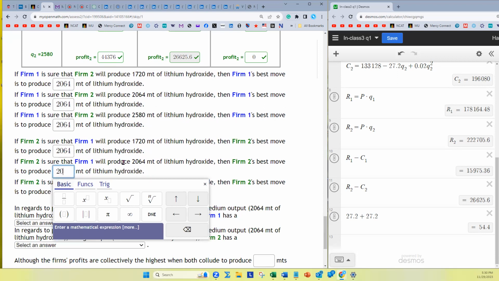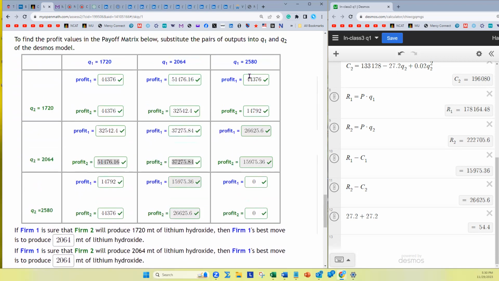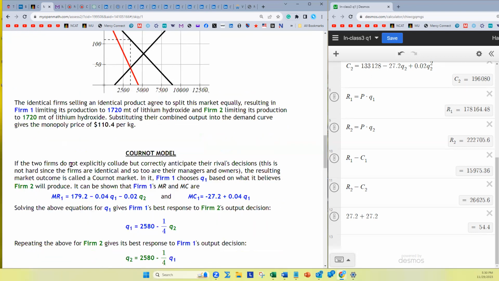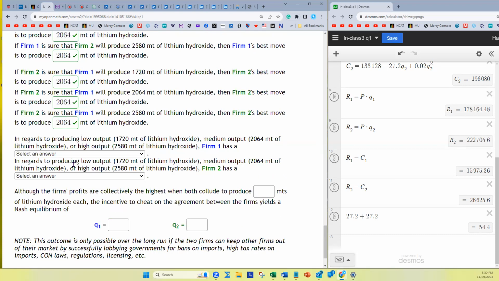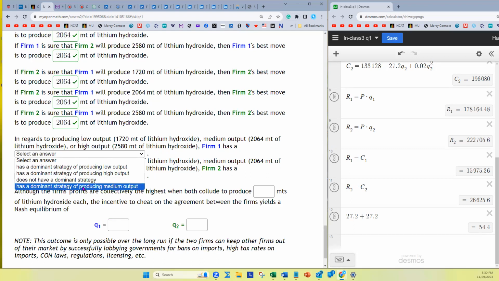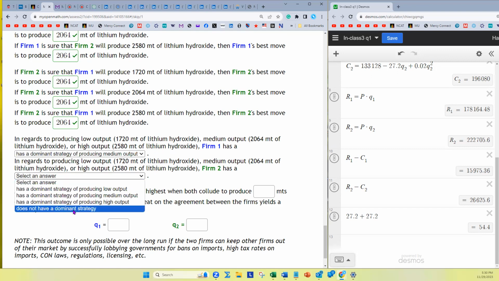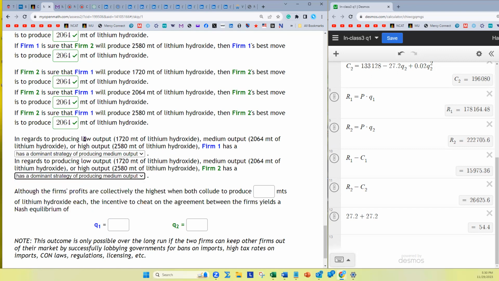And then finally, if firm 2 is sure that firm 1 will stay here, where's firm 2's profit the highest? It's highest when output is 2064. So what this suggests is that firm 1 has a dominant strategy of producing medium output, and firm 2 has a dominant strategy of producing medium output, right?